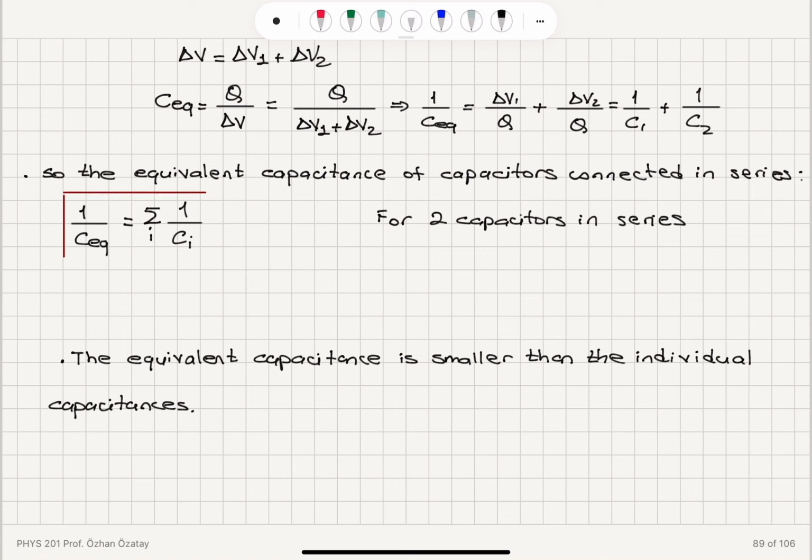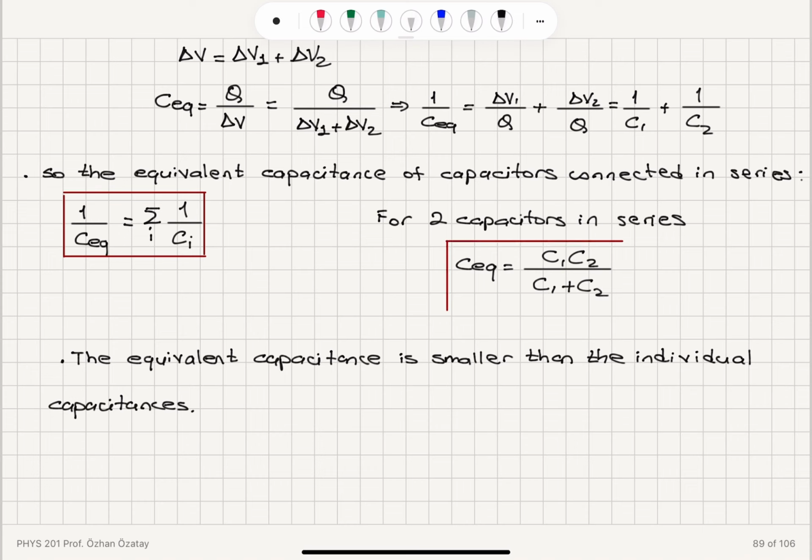So the reciprocals of the capacitances add up to give me the reciprocal of the equivalent capacitance. For two capacitors in series, 1 over C1 plus 1 over C2 is (C2 plus C1) over C1 C2, and if you take it to the power minus 1, you see that the equivalent capacitance is the product of the capacitances C1 C2 divided by the sum C1 plus C2.